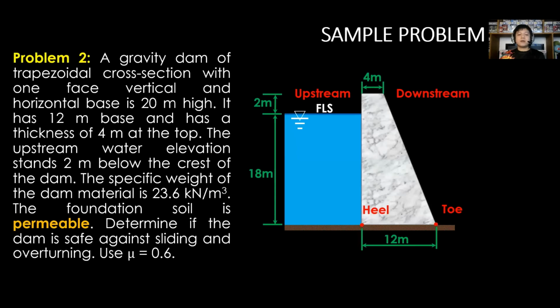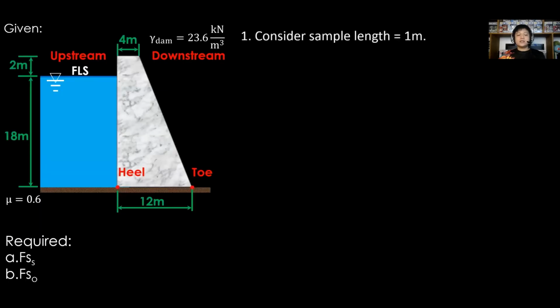Next is for problem number 2. Problem number 2 is the same as problem number 1, but consider permeable soil, which means that we have already the value of hydrostatic uplift U. First, still consider 1 meter as the sample length. Next, draw the FBD of the section.